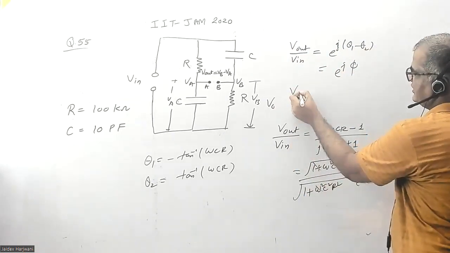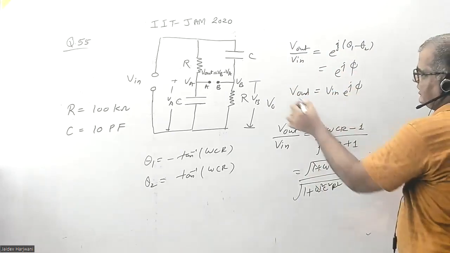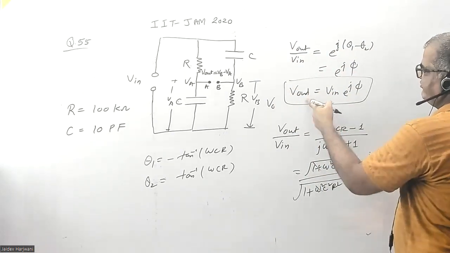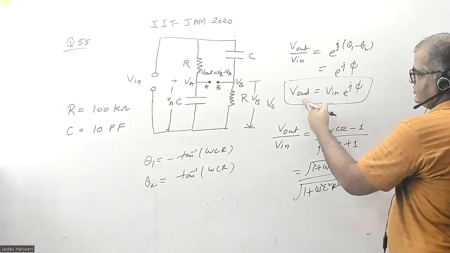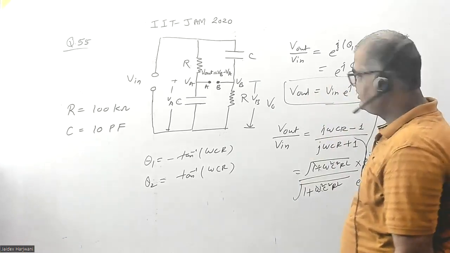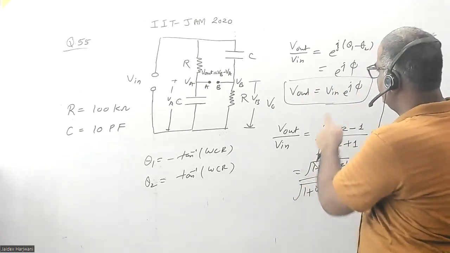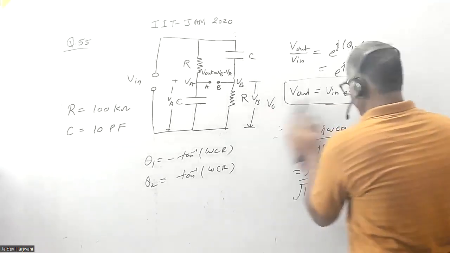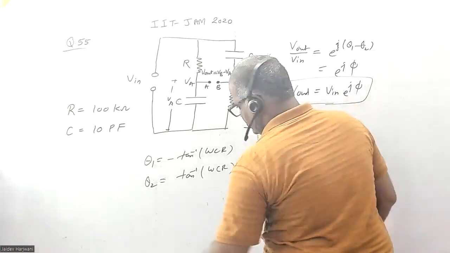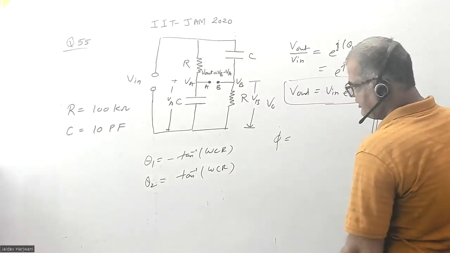So V output is V input e power j phi, and this is the phase difference between output and input. In the question they have given the phase difference between V input and V output, while this phi is the phase difference between V output and V input. So what is phi? Phi is theta 1 minus theta 2.